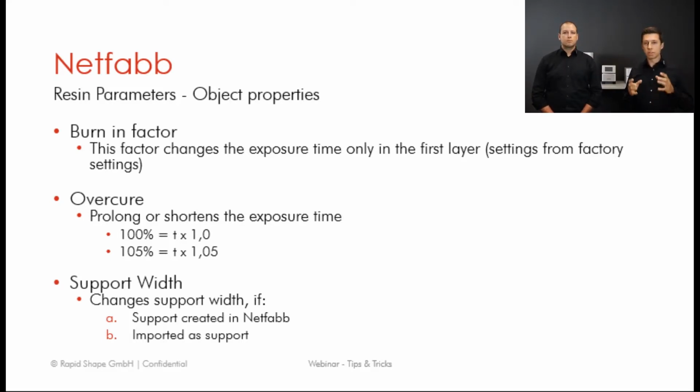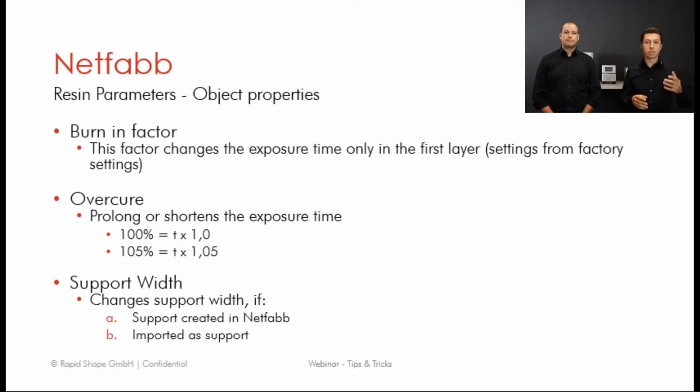The burn-in factor is the thing you all know already. As a side fact, it is also the only thing you can adjust when you're using the validated parameters in a Strawman machine, for example. This is also the factor which we easily allow you to change without asking us for help, because the burn-in factor just increases or decreases the curing time for the first layers.